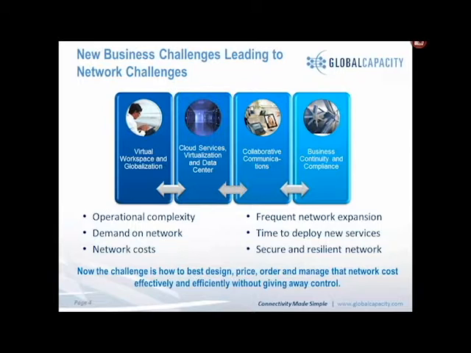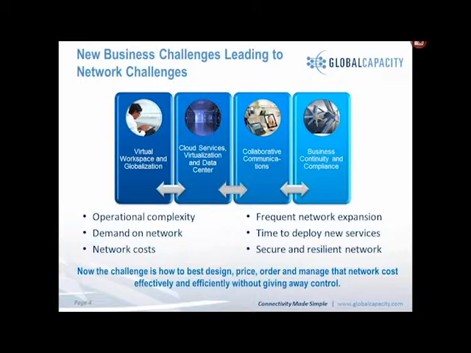All of these are really adding to operational complexity, huge demands on the network, and increased network cost. If you just go back to the default solution that's been used for connectivity today for a single location or for point-to-point solutions, it doesn't scale as well.